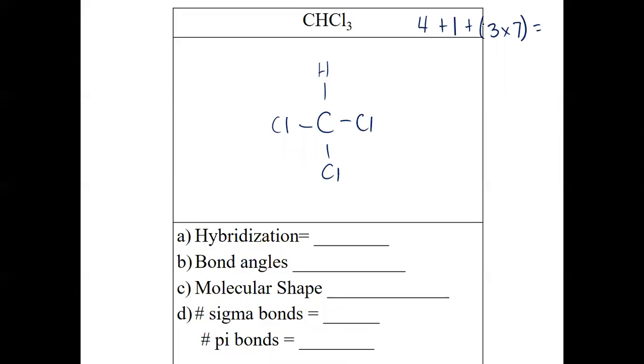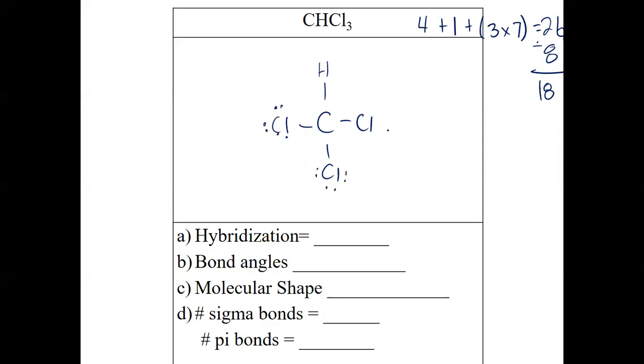So this is 21, 22, 26. Subtracting the 8 that you have bonded gives you 18. Carbon and hydrogen are good. Each chlorine needs 6, so that's your 18.